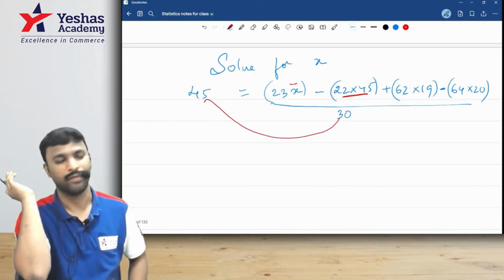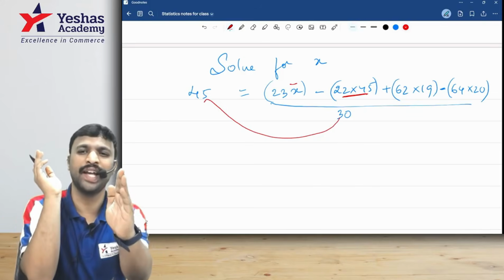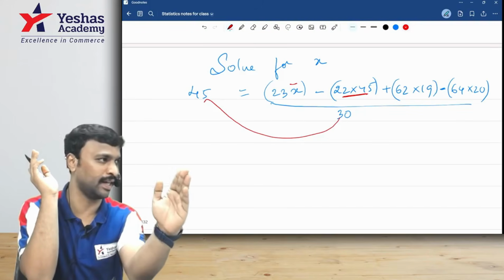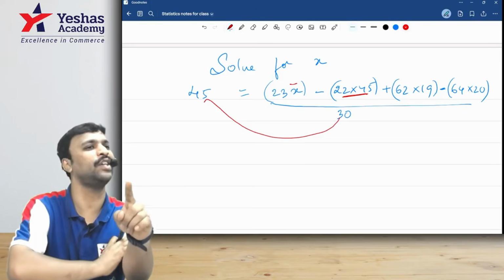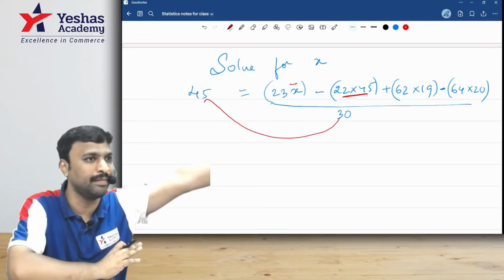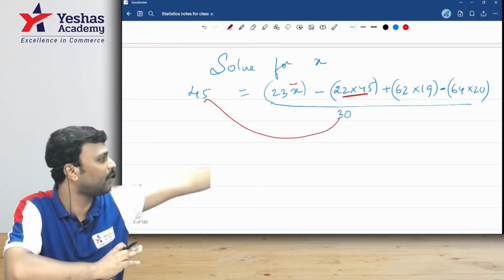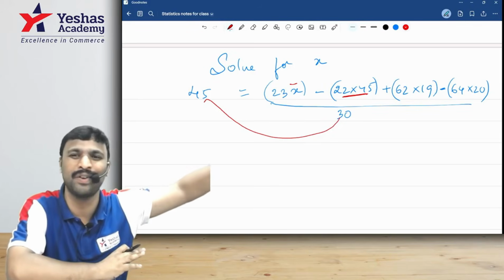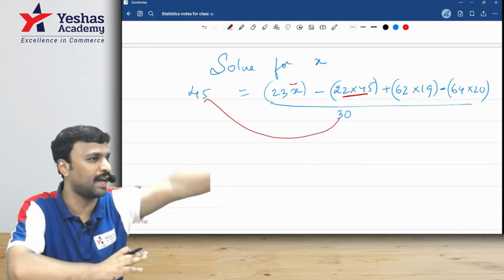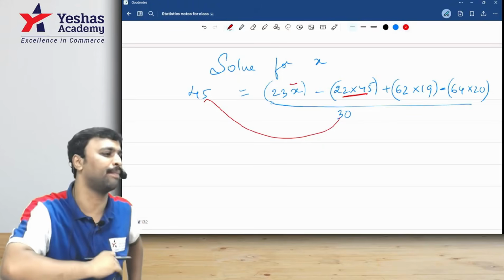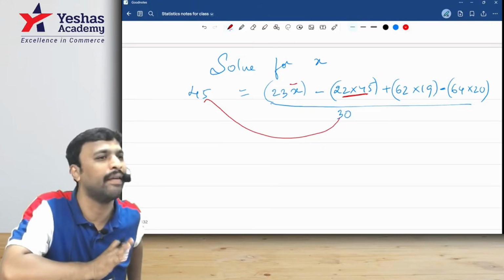You are transferring everything to the left hand side. This 45 into 30 will stay on the left hand side only. Correct? The sign is not going to change. First of all, is 45 into 30 a positive number or negative number? Positive. How do you store a positive value? Press M plus. Everyone done?